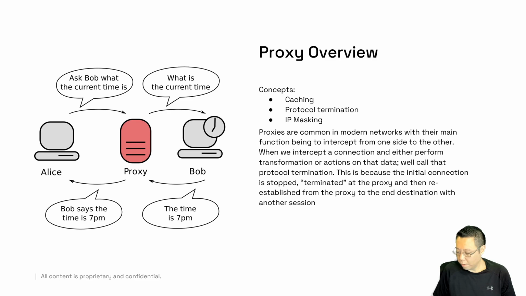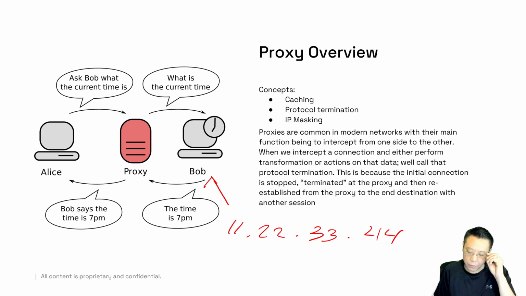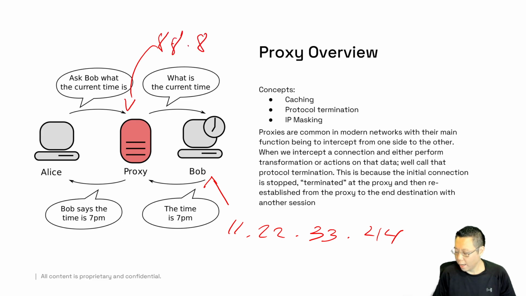This goes directly with what we called IP masking. If Bob had a public IP address of 11.22.33.44, and Alice is communicating with Bob, maybe we don't want them to know my actual public IP. And so in this case, it might be 88.88.99.99 instead.